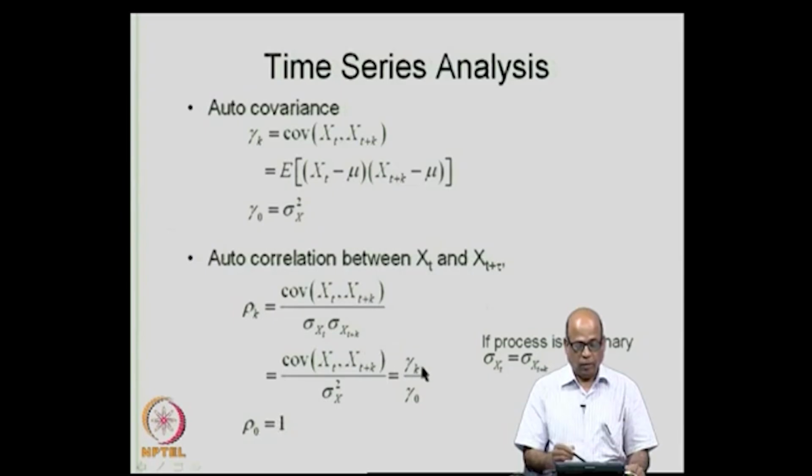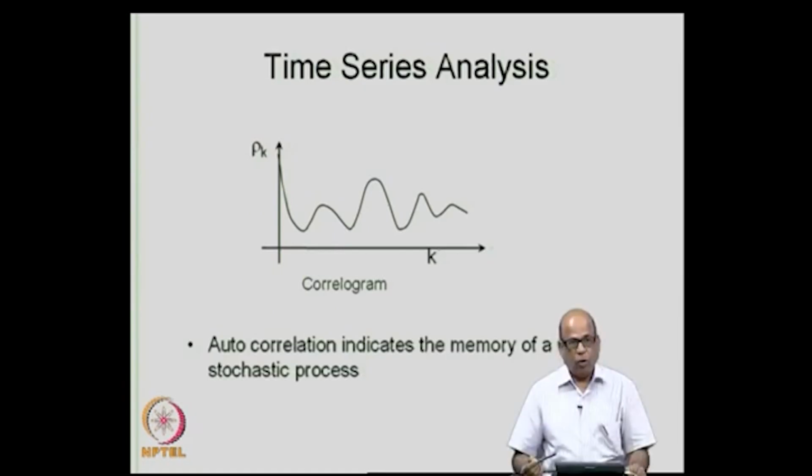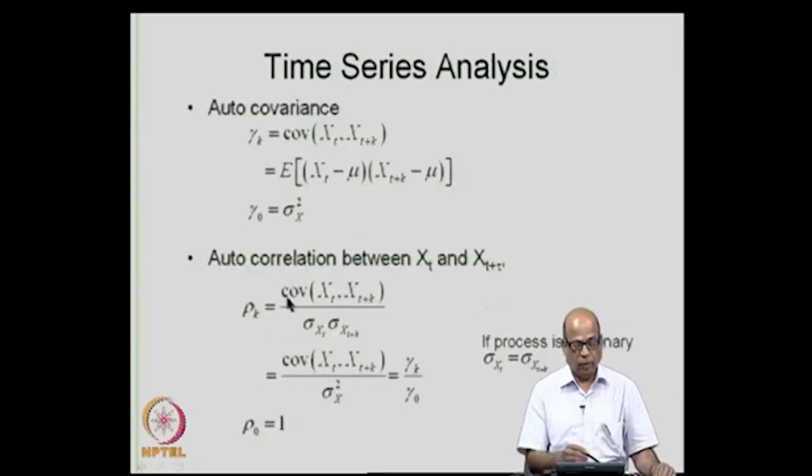Also, when k is equal to 0, this becomes gamma naught by gamma naught, therefore, rho naught will be equal to 1. So, the lag 0 autocorrelation is 1. The plot of rho k versus k, rho k is as defined by this.